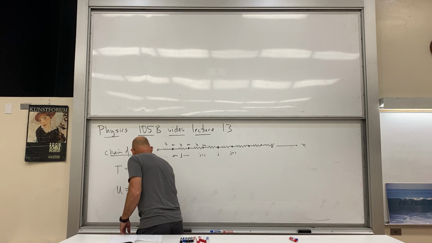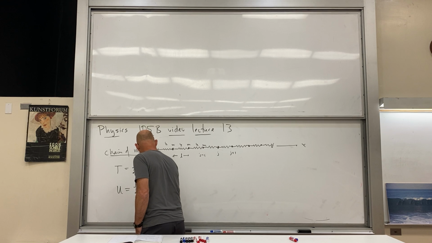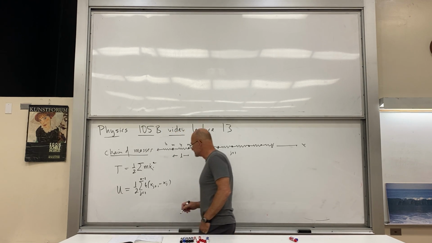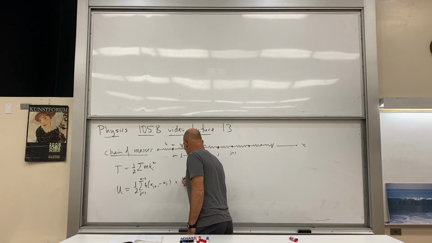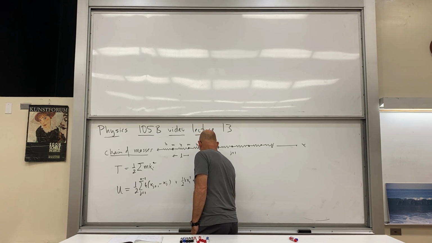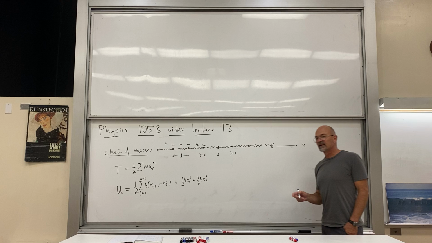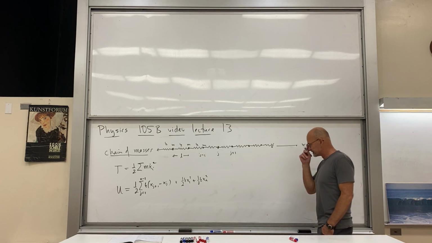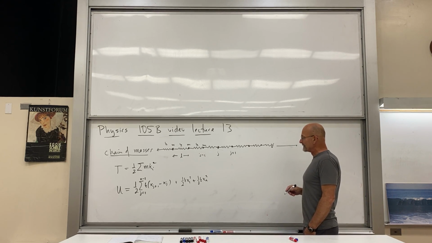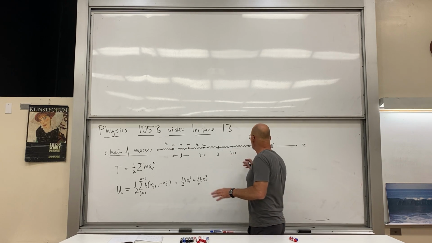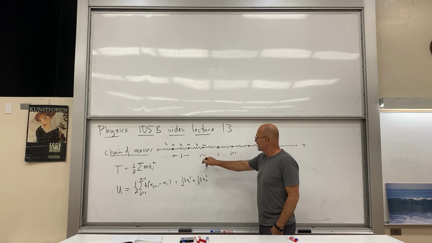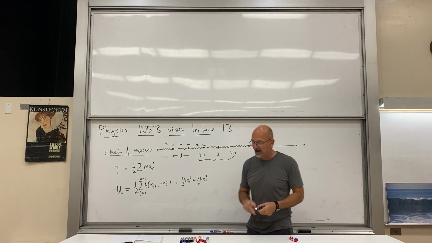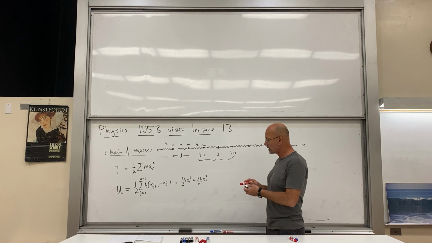And here j is going from 1 to n minus 1. And now the end objects here, we have a half k x_1 squared, and we have a half k x_n squared over here, and that's the entire potential energy. We're just going to ignore the endpoints anyway, because we're going to work with this set right here to get the general Euler-Lagrange equation.